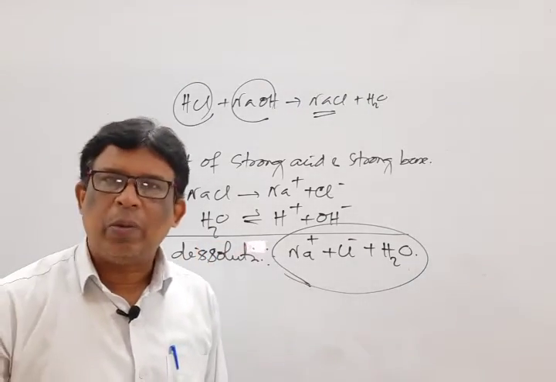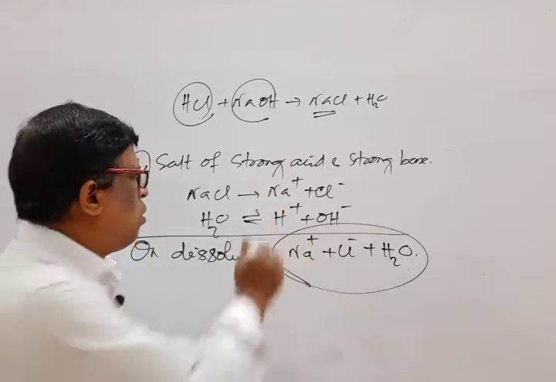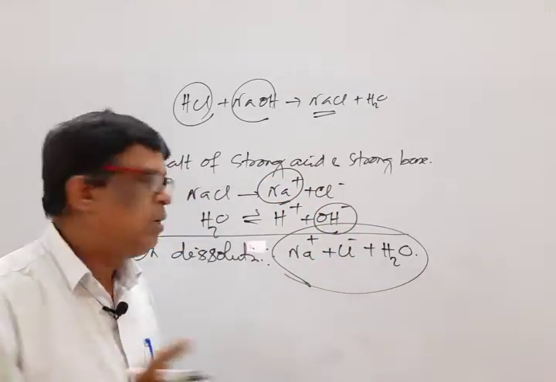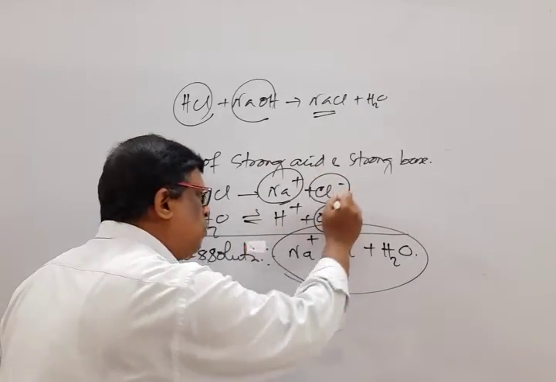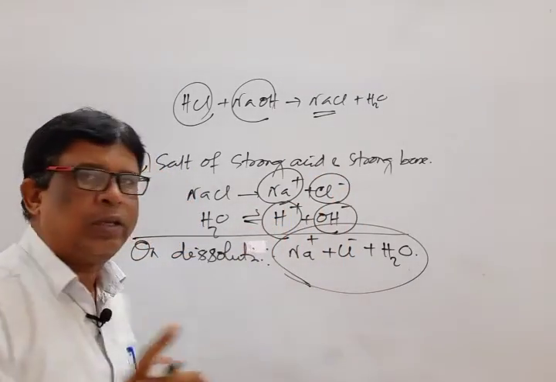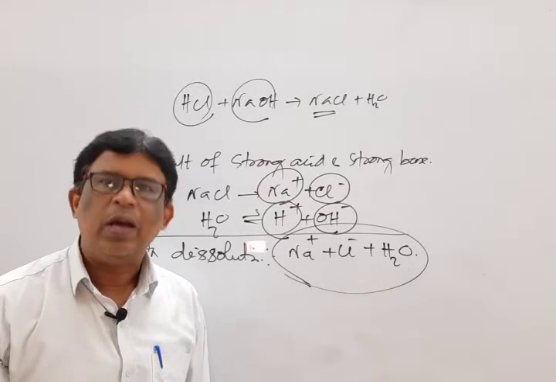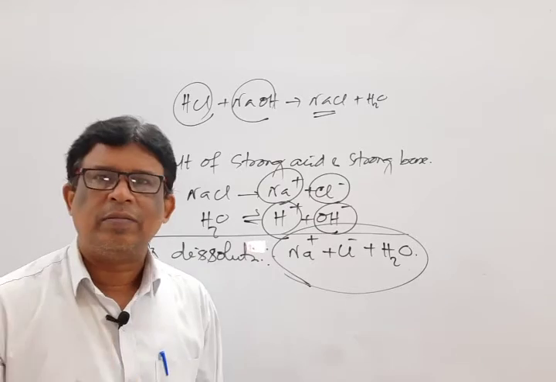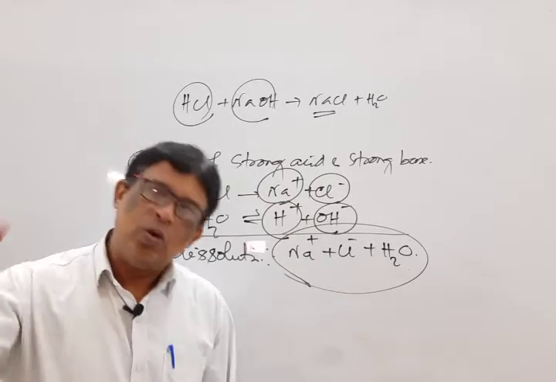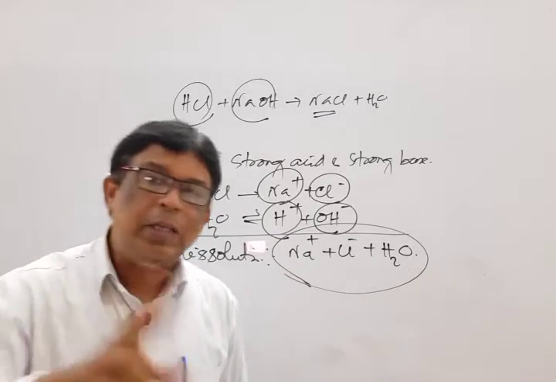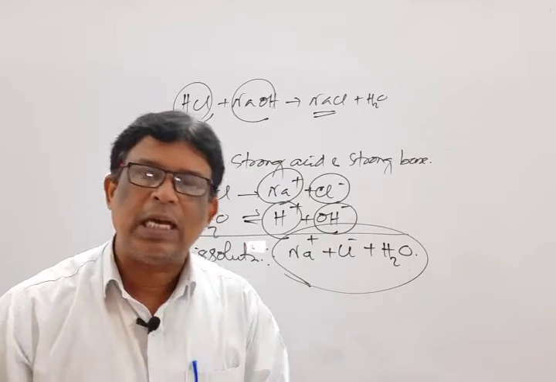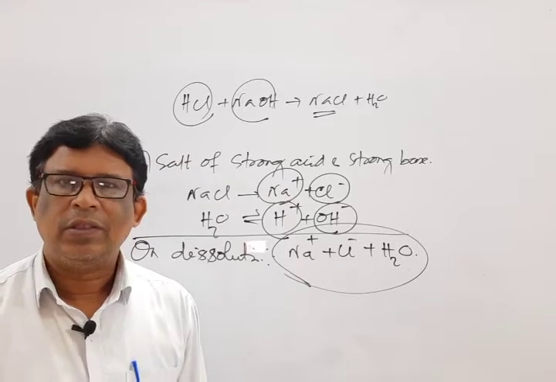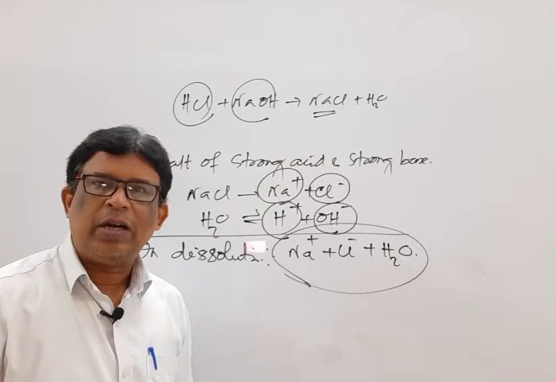So what we observe here is that there is no interaction of the cation of salt with the OH- anion of water, as well as the anion of salt with the cation of water. There is no interaction. So here we say hydrolysis does not take place. Because by definition, no doubt we add water, but if there is no interaction between their oppositely charged ions, then hydrolysis does not take place.